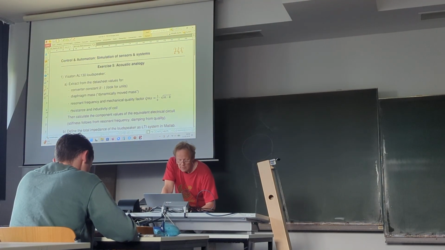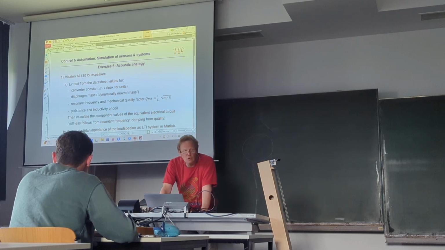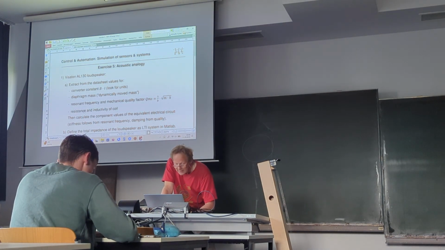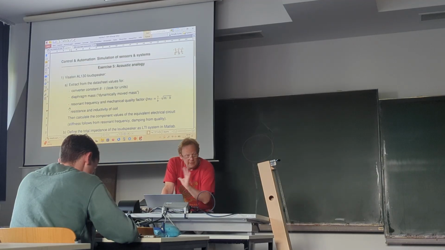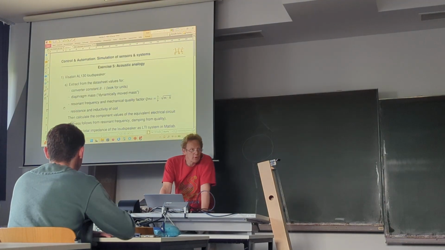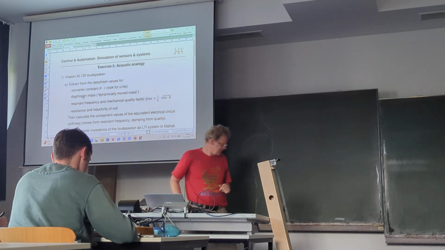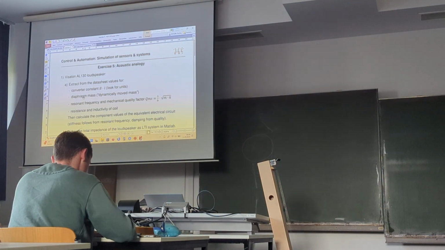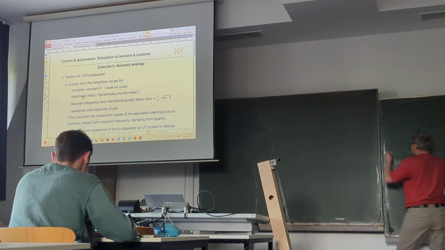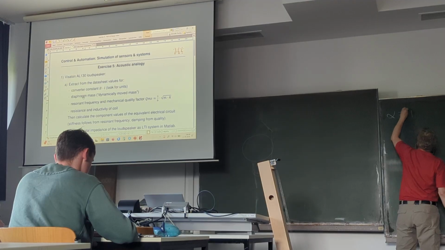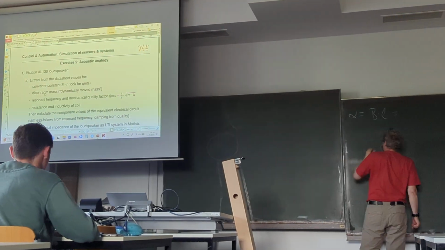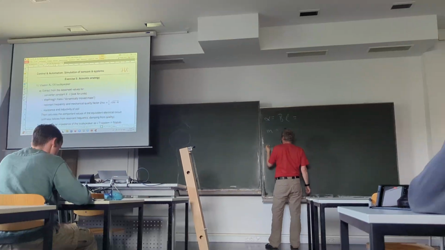We also have electrical properties, that's just the resistance of the coil, ohmic resistance, and you have some conductivity. I think we can leave it at that and just try to get all these important data from the data sheet. So, let's write out what we need. The converter constant is B times L. And we have this mass.